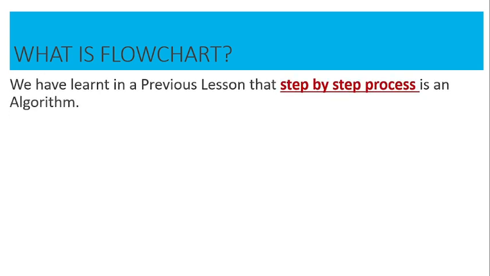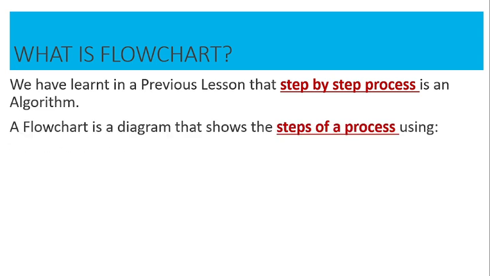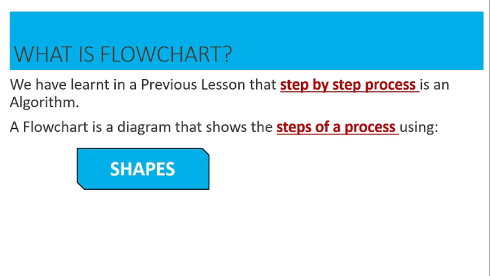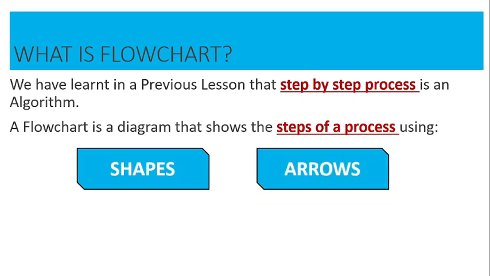In our previous lesson, we learned about the algorithm, which is a step by step process to solve a problem. The concept of a flowchart is a diagram that shows this step by step process to solve a problem using shapes and arrows.